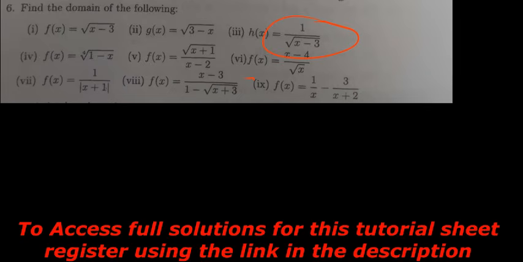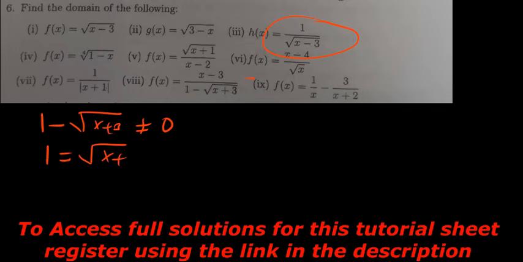In that case, I have to get everything at first and equate it not equal to 0. So shift that one to the other side, it will be like this. To solve for x, square both sides. If I square both sides, it will be 1 is equal to x plus 3.